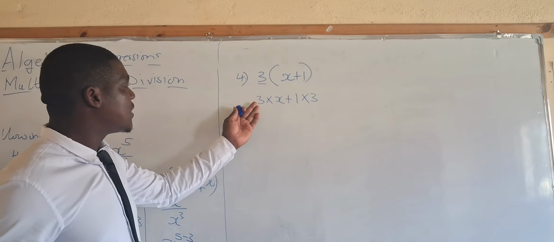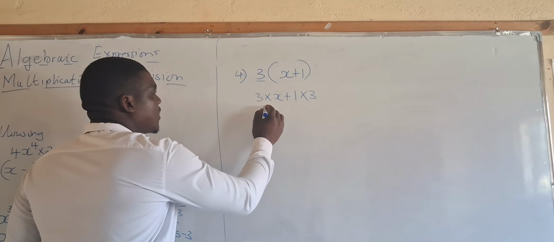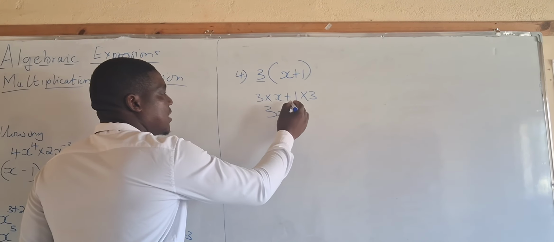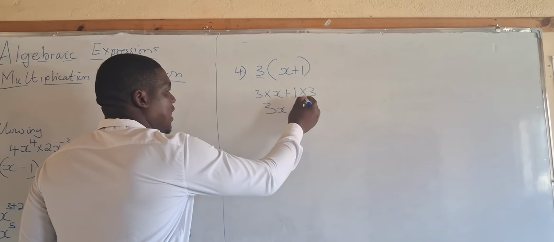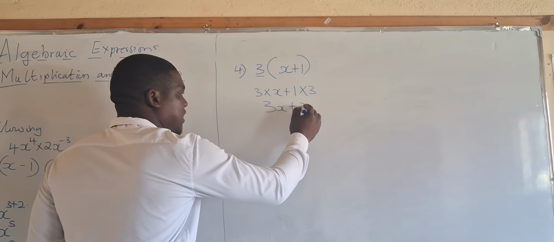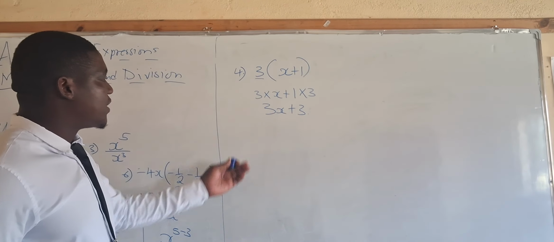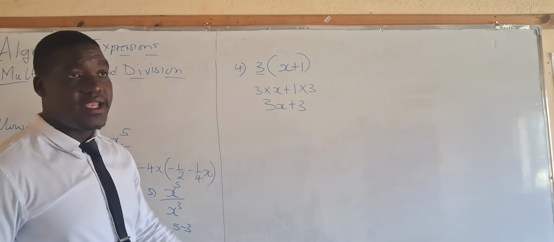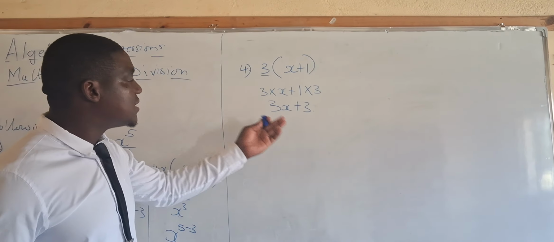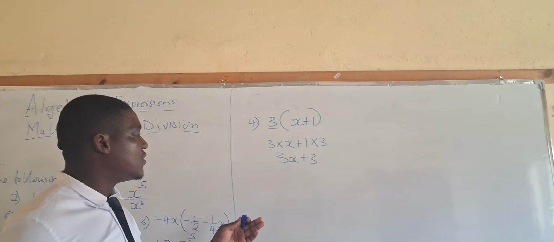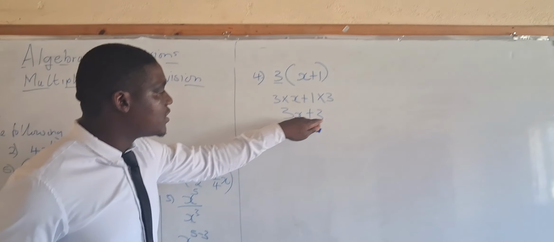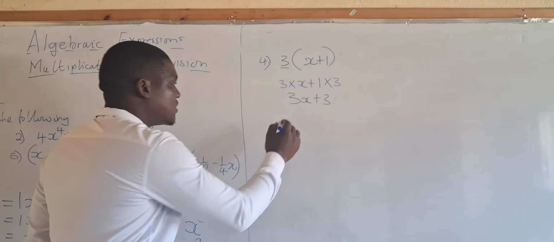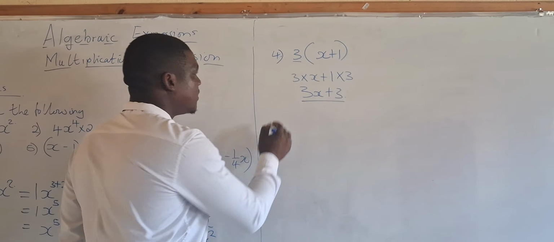So you are saying 3 times x to get 3x plus 1 times 3, you get plus 3. So you cannot add 3x plus 3 to get 6x. You cannot do that. Why? Because they are not like terms, this one. So this is our final answer.